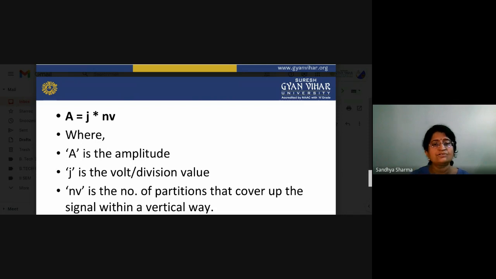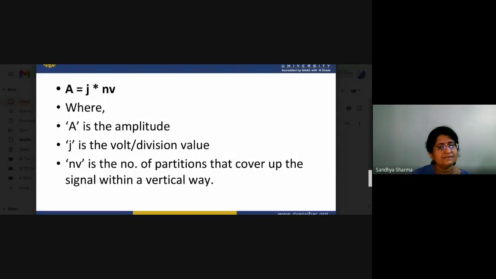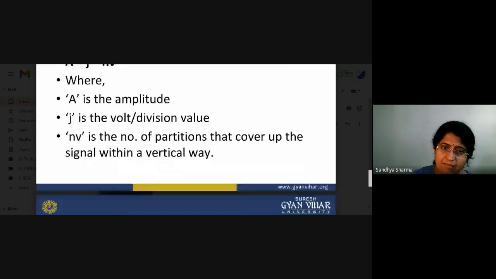So you have to calculate how many blocks are covered by your signal, in which blocks your signal is plotted. When you multiply the volts per division by the number of partitions covered by the signal in the vertical way, you can calculate your amplitude.